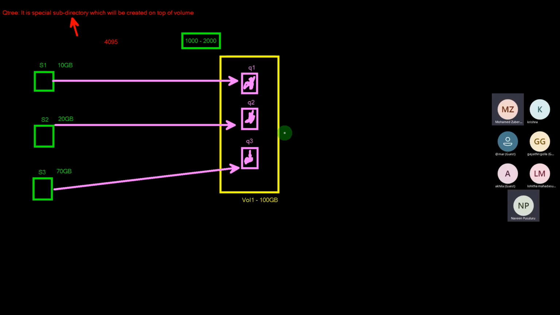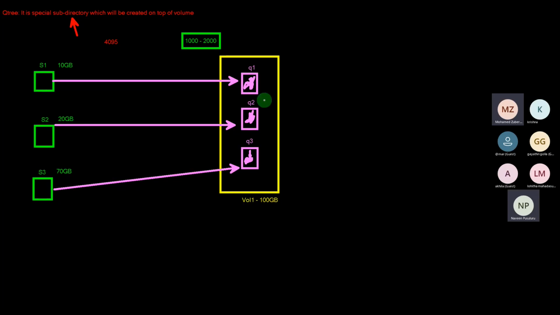So here I have used only one volume, but inside that I have created separate Q trees for each server, and they'll start copying their data into Q trees. As we have Q trees, again we have security. You might think that since we have presented the same volume, S1 data will be visible to S2 and S3, and S2 data will be visible to S1 and S3.